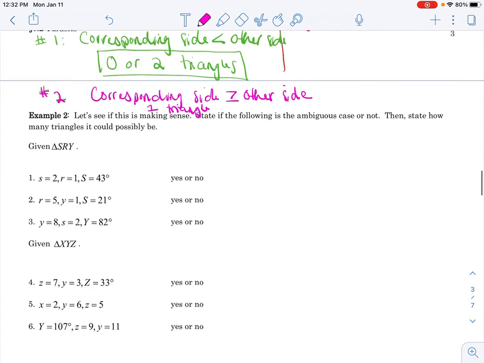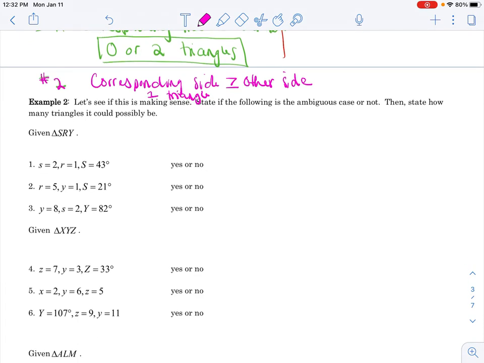So let's go back to example 2. We already filled this out if it's ambiguous or not. So for this first one, it was ambiguous. Now what I mean by corresponding side, which we talked about already, is that's my angle given. This is my corresponding side because your S's match.